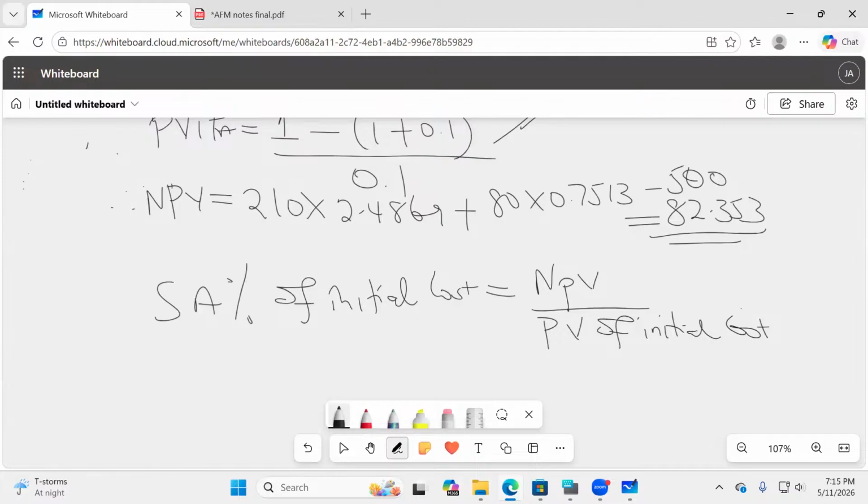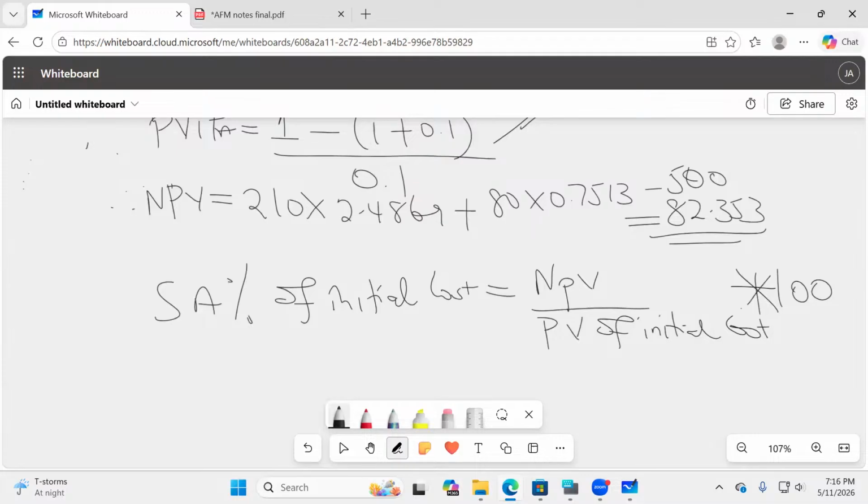So you take the net present value divided by present value of the initial cost. And then, of course, whatever you shall get shall be multiplied by what? Shall be multiplied by 100.